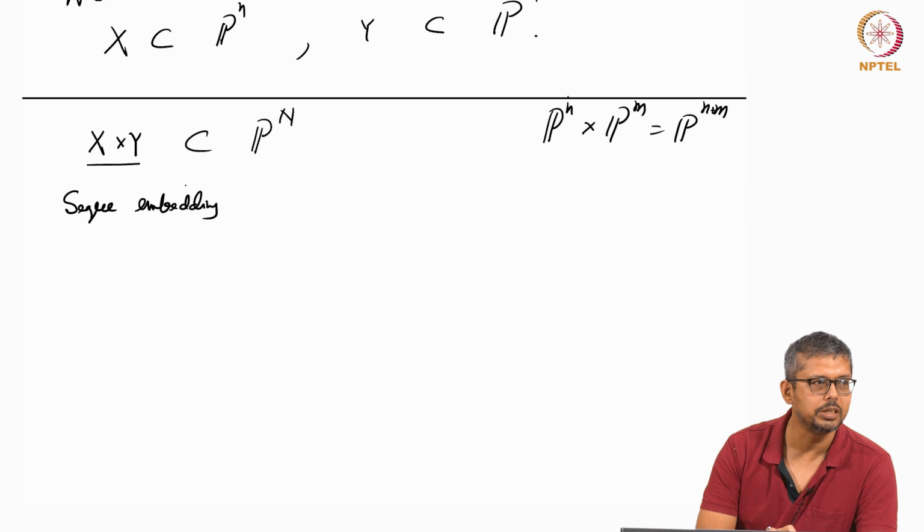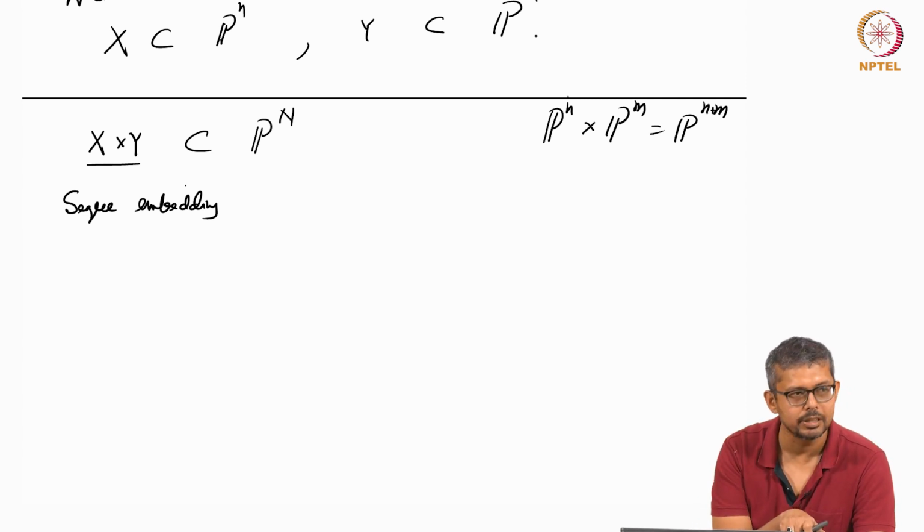That's how I should see this product X cross Y. Then I give a set-theoretic map from X cross Y to this bigger space P^N, which is injective.